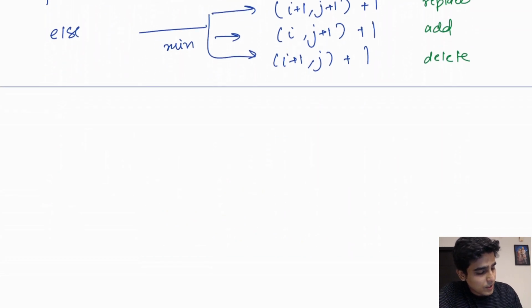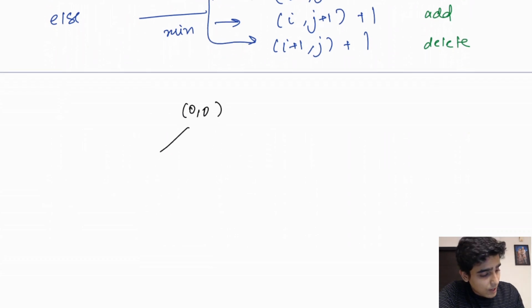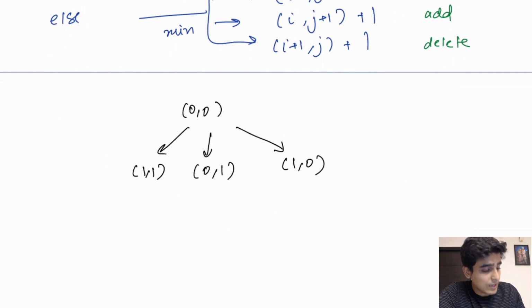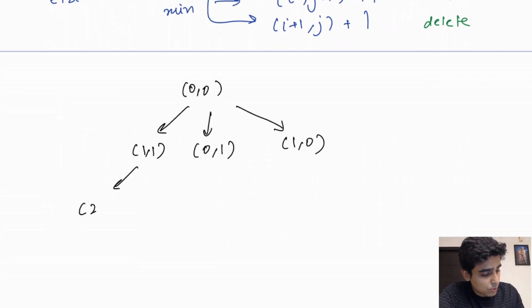For example, if you look here, at 0 0. From index 0 0, you can go to 1 1 if you replace, or 0 1 if you add, or 1 0 if you delete. From 1 1 you can go to 2 2, 1 2 and 2 1.